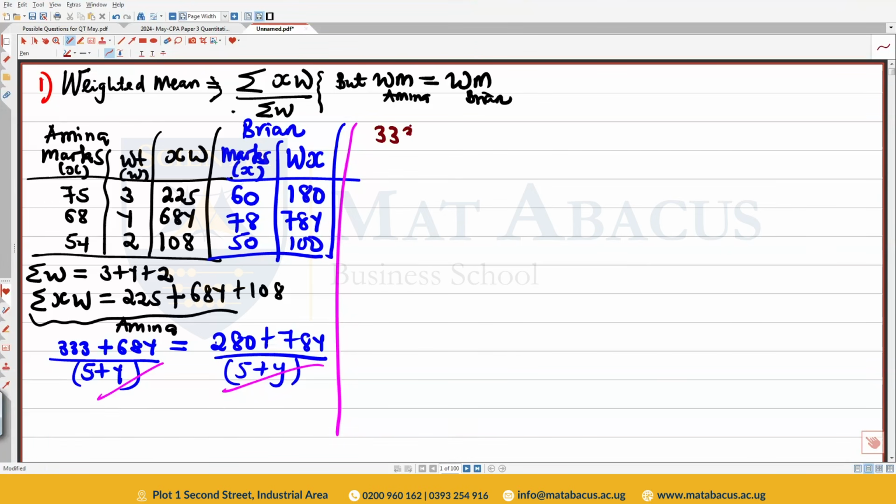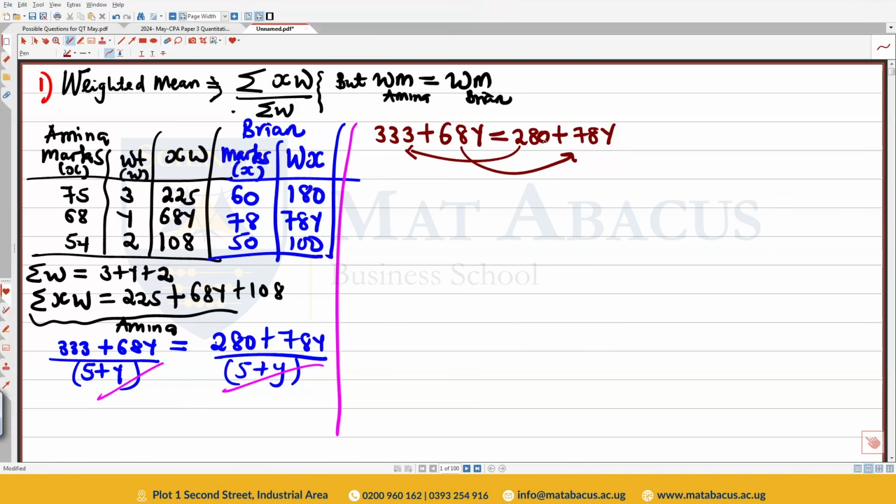We remain with 333 plus 68y is the same as 280 plus 78y. You know the mathematics very well: we can transfer this one this side and that one that side. So what is 333 minus 280?